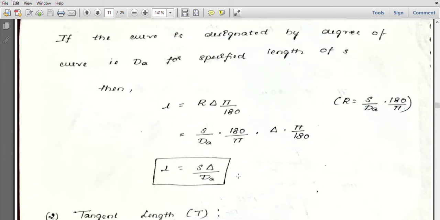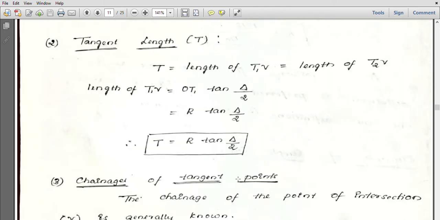Next, every time while starting practically, we want the starting point chainage. Point T1 is called the point of the curve, that is the starting point of the curve. So we need the chainage. How do we calculate the chainage of T1?